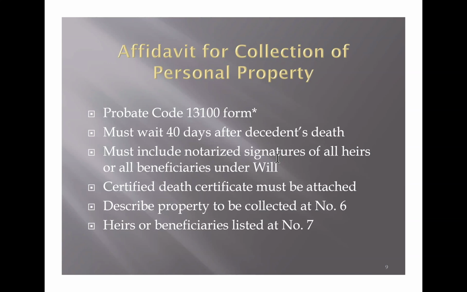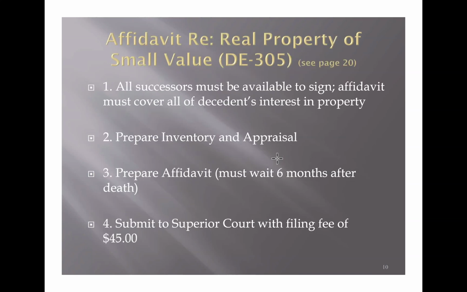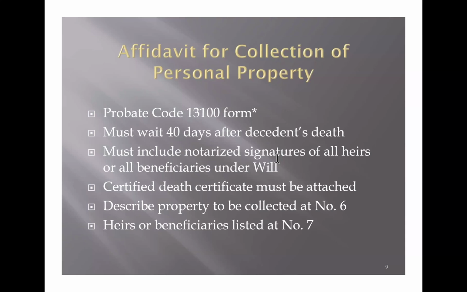And then on number 7, you list everybody who is inheriting a portion of that account. All of the people inheriting have to sign that form and have their signature notarized. They don't all have to be together. You can send it in the mail, and the people who are out of state can get notarized and send it back. But you will need all the signatures notarized.